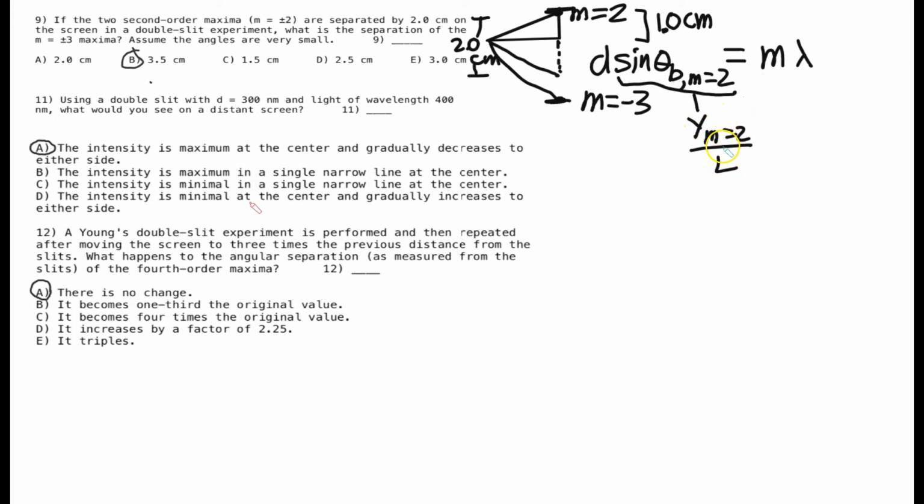The reason I bring that up is because L, the length to the screen, isn't going to change. Remember, we're approximating sine theta as approximately tan theta. Just like the ideal gas law, whenever things don't change and we collect them together as constants, and only 2 things change, namely the y position and the m, we can collect constants together.